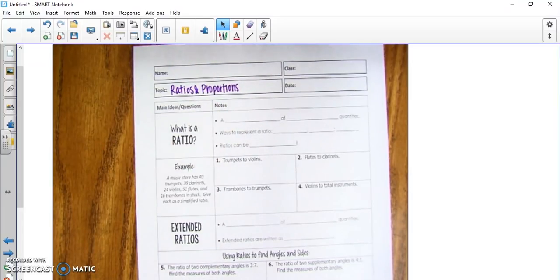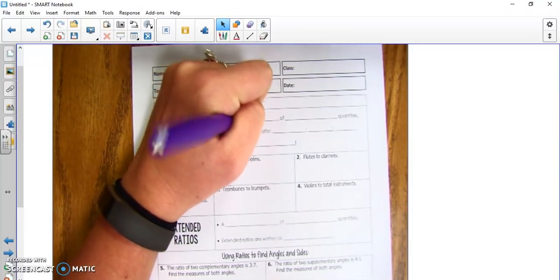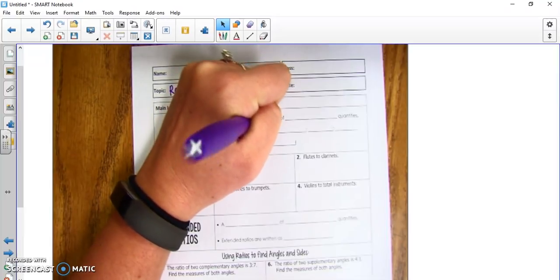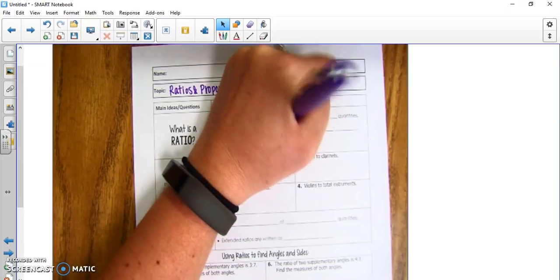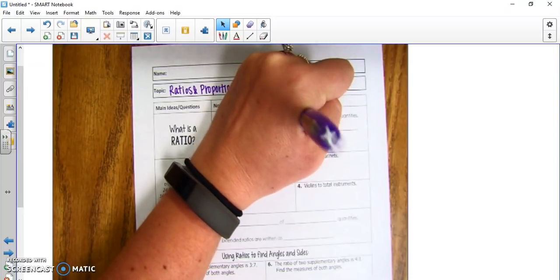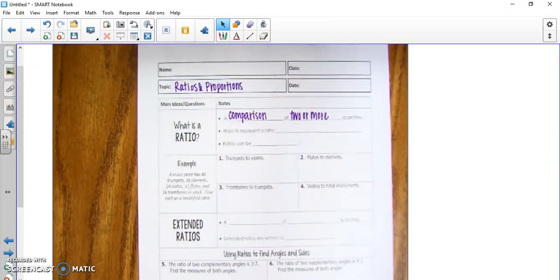Alright, so when we're dealing with ratios and proportions, they are going to be a comparison of two or more quantities.